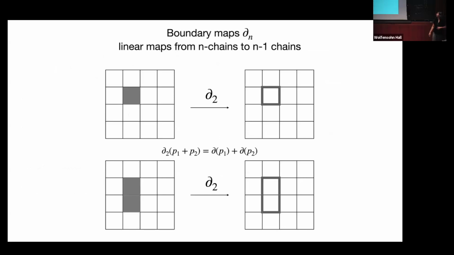All right. So now the boundary maps, okay, these are just linear maps from n-chains to n minus 1 chains. So I have this plaquette, okay. If I act with the map delta 2 on this plaquette, what it should return, okay, so this is a vector, the vector is 0, 0, 0, 0, 1, 0, 0, so zeros everywhere except on that one cell.